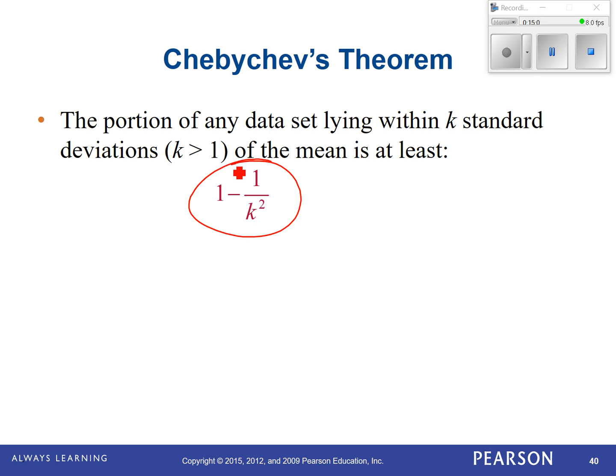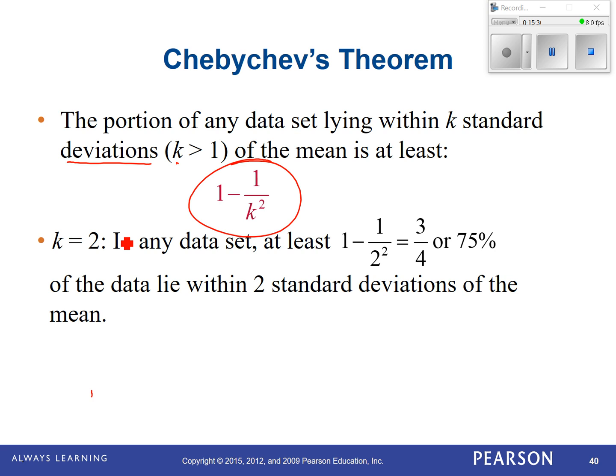Again, this is just an estimate of the amount of the data that falls within that variable K. So we might go K equals 2, or K equals 3, whatever. And that K is supposed to stand for how many standard deviations you are.